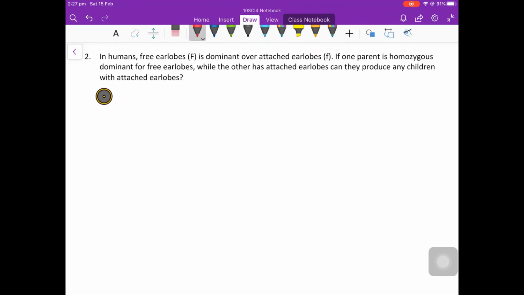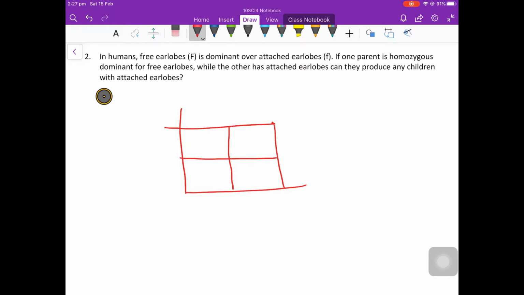So let's draw up our Punnett square. And our cross will be between one parent, which is homozygous dominant for free earlobes. So free earlobes is capital F. Homozygous dominant tells me that they're going to have both the same allele, and because it's dominant, it's going to be the free earlobe allele, so there's going to be 2 capital F's.